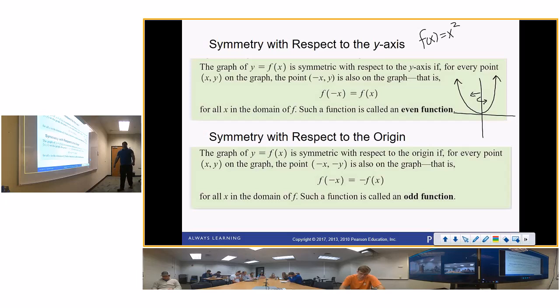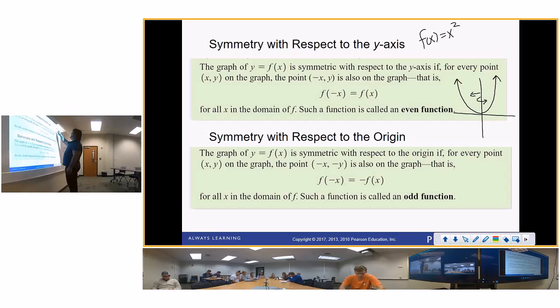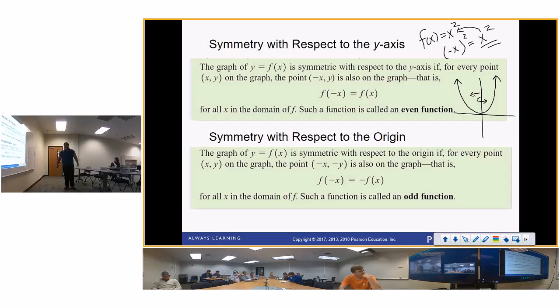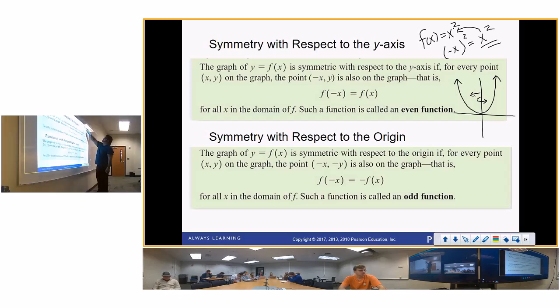So it's symmetrical around the y-axis. And to test that, if you plug in a negative x into this function, what are you going to get? You get the same thing. Now, why is that? Because whenever you square something, it's always going to be positive. So that's the principle behind it. So that's why you're always going to get a symmetrical graph when you have an even function.